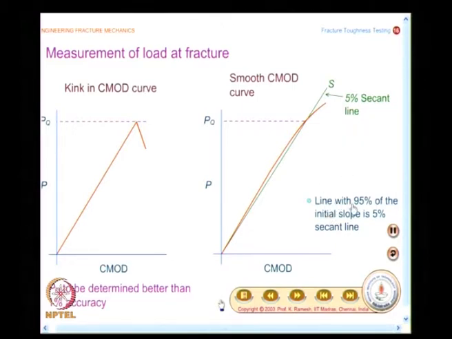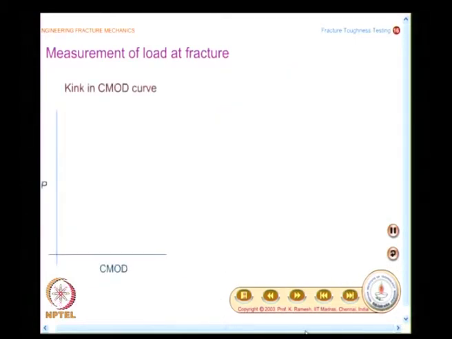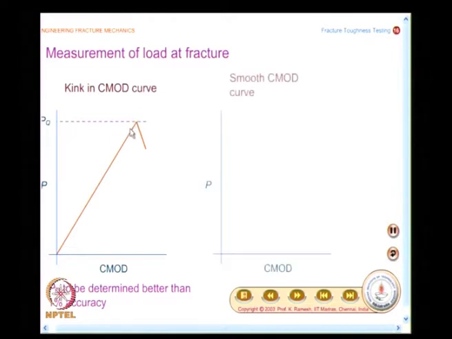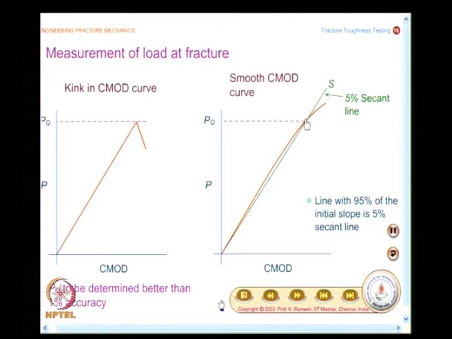A line with 95% of the initial slope is a 5% secant line. I could redo the animation and you could see how the graph is drawn. This is for the case when there is a clear kink and identification. When the variation is nonlinear, it is like this, and you draw this line and it hits this and you get the value of PQ. So, any value with a subscript q, you use it for finding out the candidate fracture toughness.